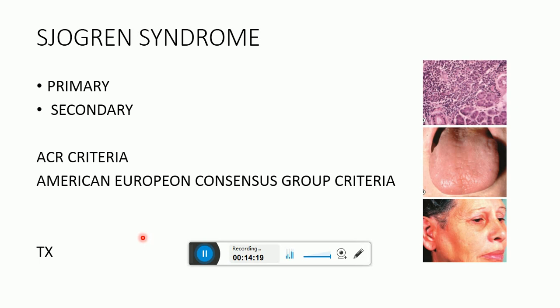The classic clinical triad consists of dry eyes, dry mouth, and parotid gland enlargement. But other features are common and can affect all organ systems. The condition is classified as primary when it exists in isolation, and secondary when associated with another disease, commonly rheumatoid arthritis or systemic lupus erythematosus.